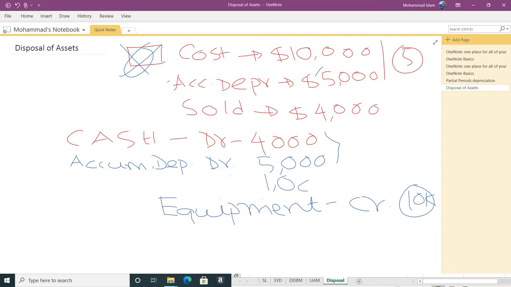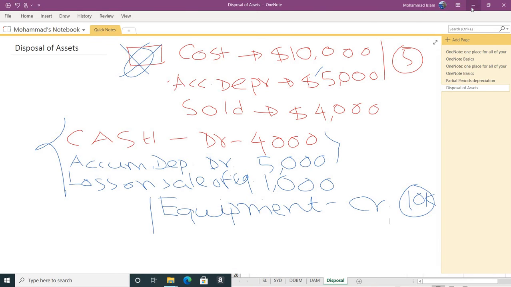This 1,000 is our loss. So what we will write here is loss on sale of equipment. So this is the journal entry that we prepare for the disposal of an asset.